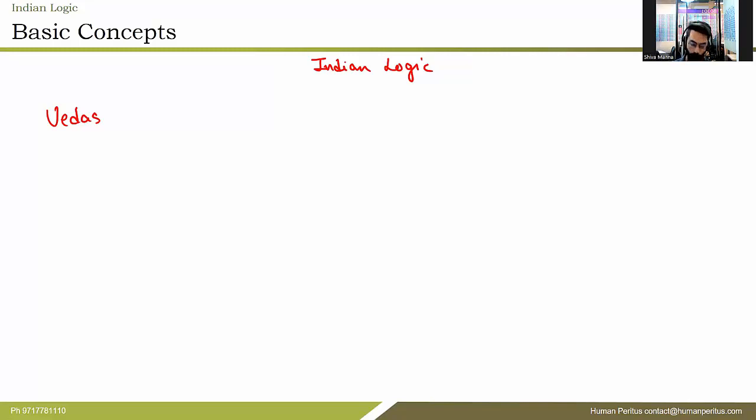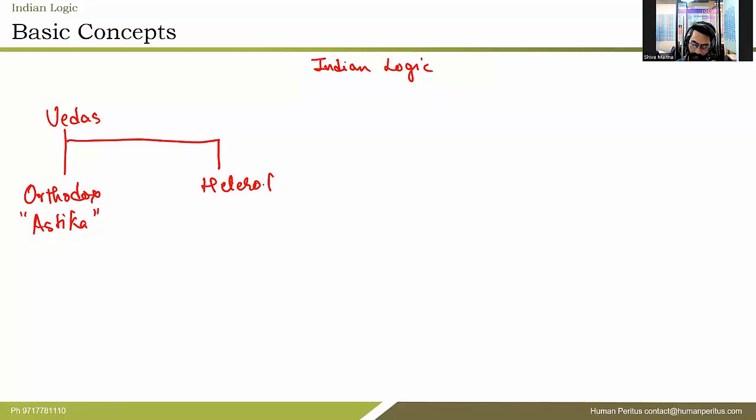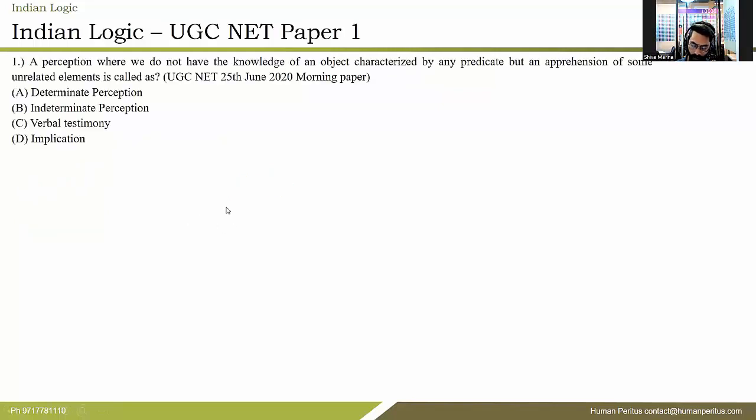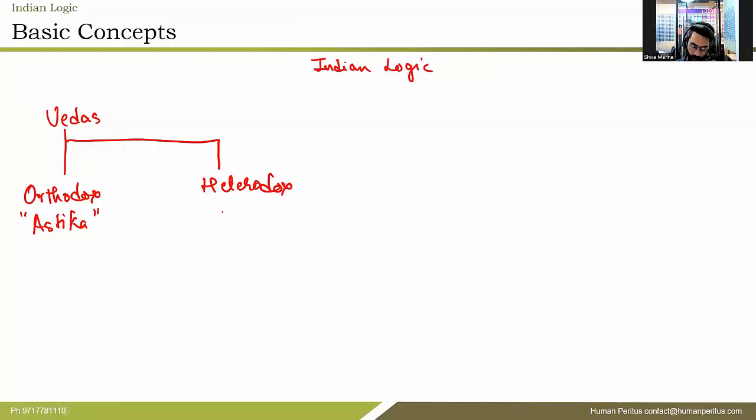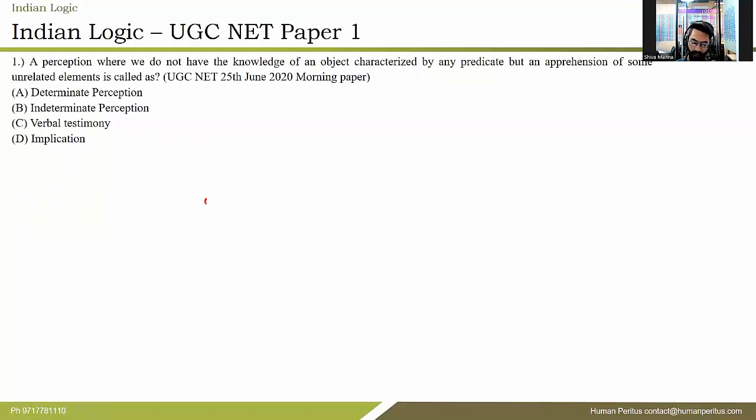All right. And based on that, there are two different schools. One are called orthodox or astika, while the other one is heterodox or nastika.